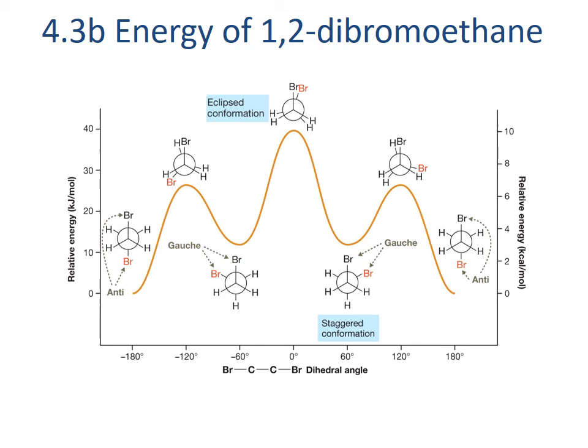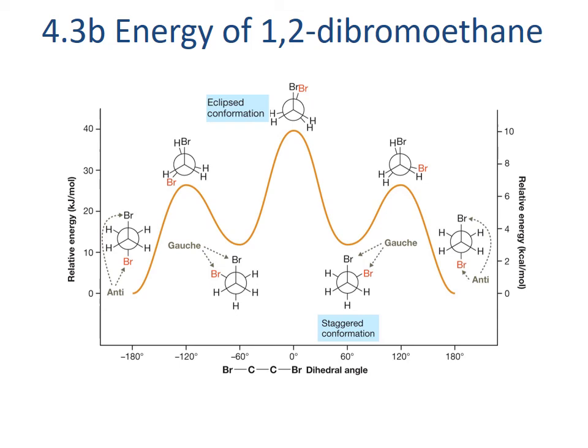We can actually back calculate the cost of each of these interactions from the graph, as long as we remember that the cost of a hydrogen-hydrogen eclipse was about 1 kilocalorie per mole every time it occurred. In their plus or minus 120 degree configurations, there is one hydrogen-hydrogen eclipse interaction, and there are 2 hydrogen-bromine eclipses, for a total of about 6 kilocal per mole.